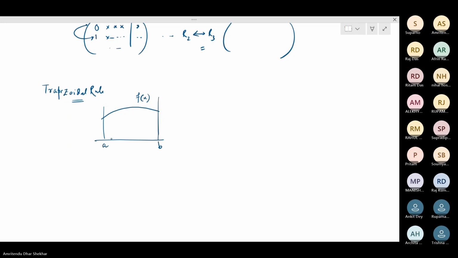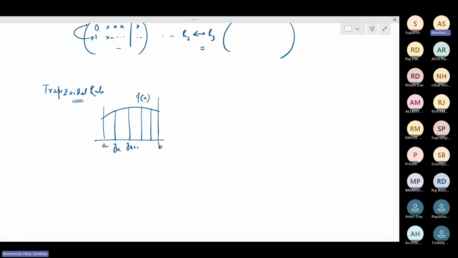Let's say you have divided this interval into some number of pieces over here, and let's say you call this piece yk, and this will be yk plus one.